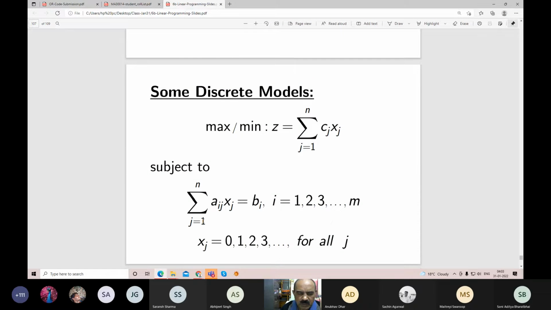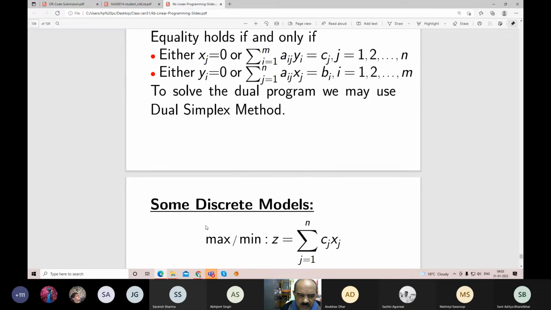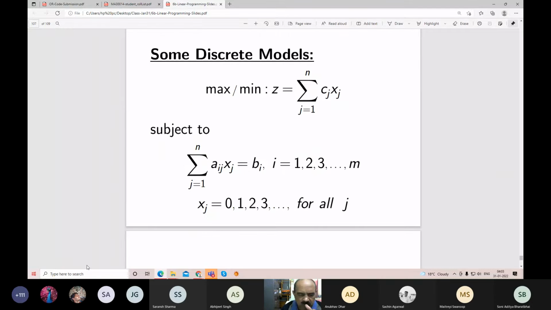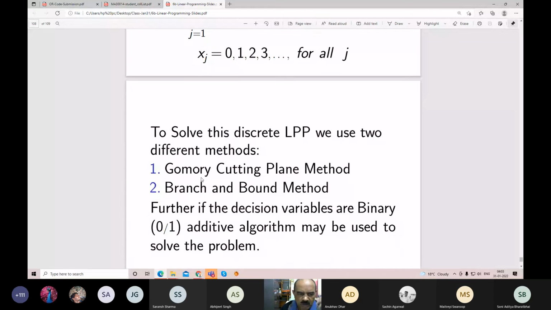Okay, so some discrete models. Discrete model means the variable xj, for example, takes discrete, integral values. This we will discuss later in integer programming. To solve the discrete problem, we use Gomory's cutting plane method, branch and bound method, or the additive algorithm.